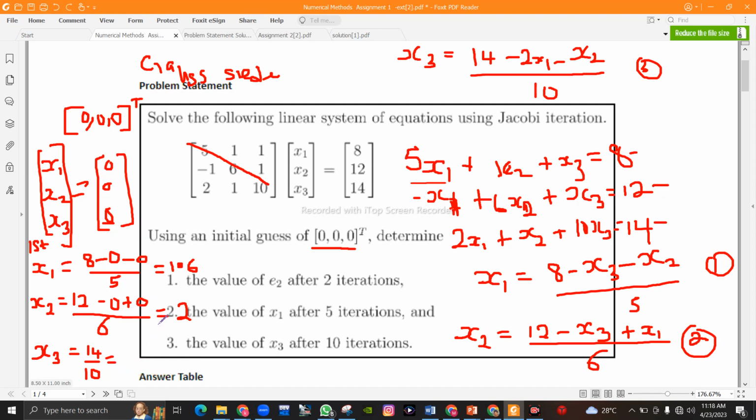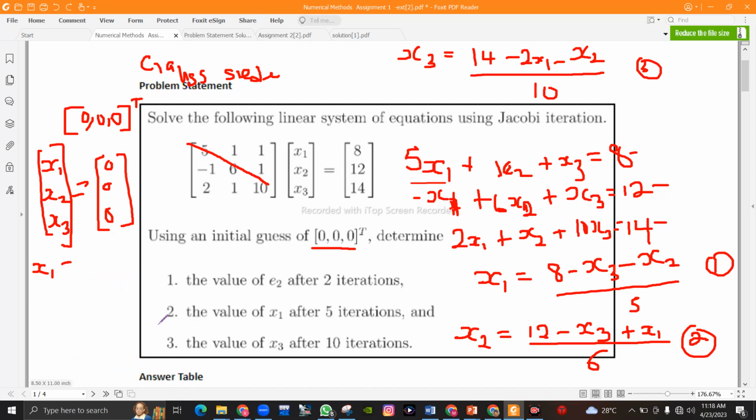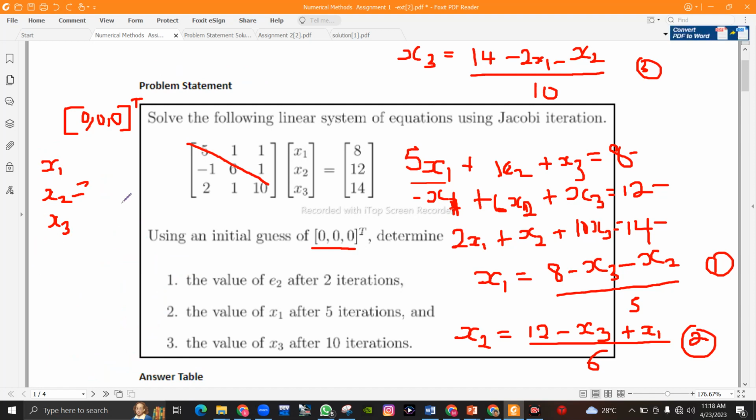Let's rub it off. So now our x1 is 1.6 instead of 0. Our x2 is 2, and our x3 is 1.4. These are our new guesses. So we still do the same thing. Go for the second iteration.